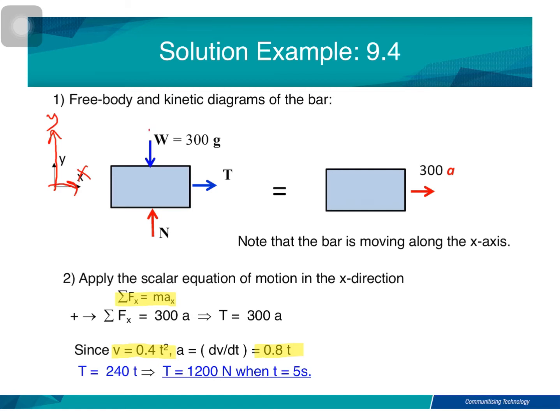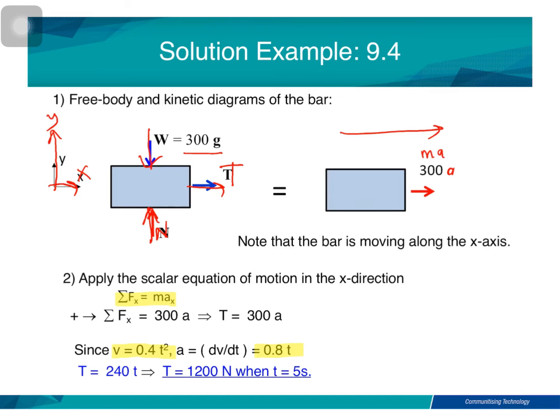Here we have the weight W equal to mg, and then you have the normal force, and you have the tension in the cable. It is equal to, in this right direction, ma, 300a.